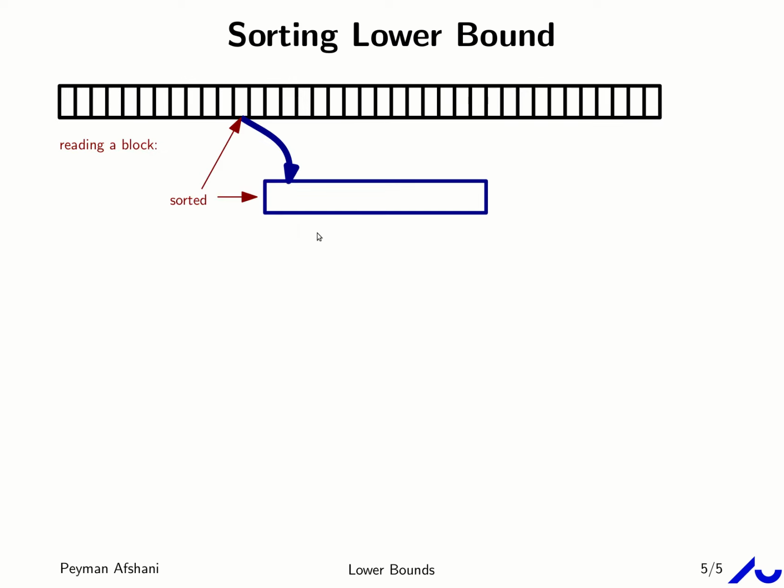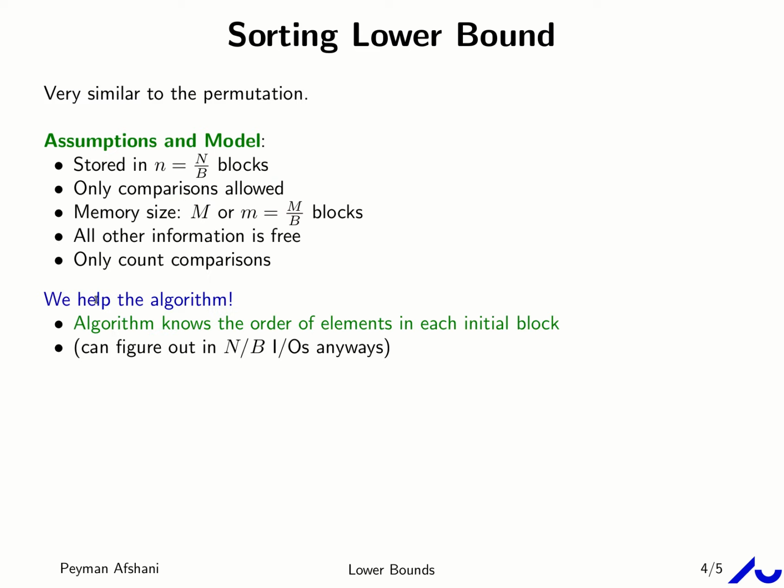Okay, so let's see what the algorithm could do. The algorithm could read and write a block. Let's see what happens when the algorithm reads a block. Assume this block is being read by the algorithm. We know that this block is in the sorted order, or in other words, the algorithm knows the sorted order of this block. We know this because we have helped the algorithm to figure this out initially.